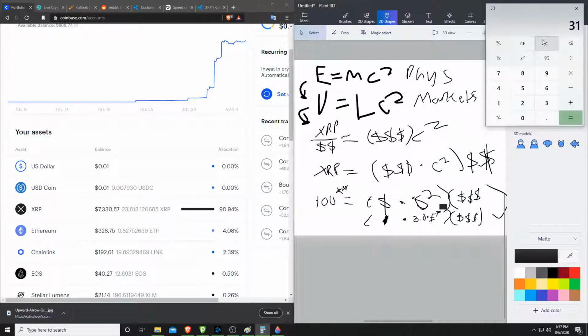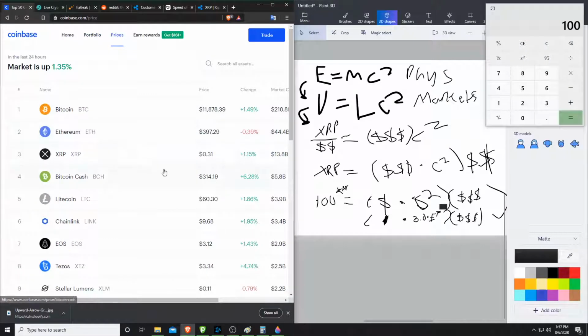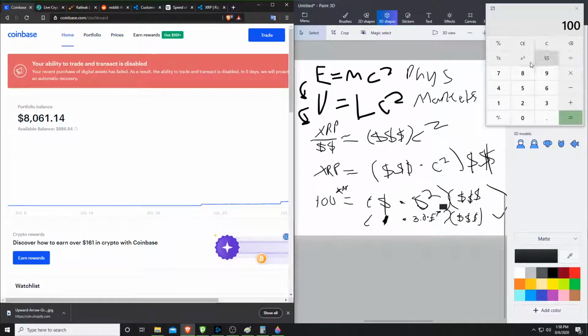I'm thinking. So $31 worth of XRP is divided by 0.31, the price of 31 cents a share, right, which is equal to 100 XRP.